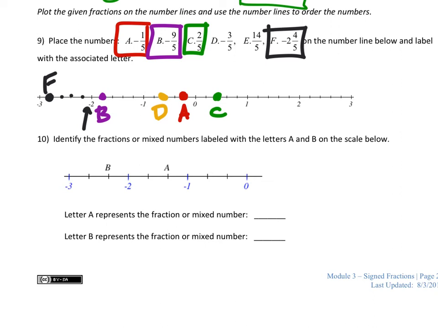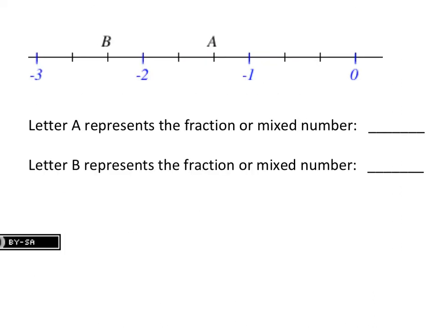Identify the fractions or mixed numbers labeled with the letters A and B on the scale below. So right here, we're in the negatives, because this is where 0 is. And we can see that these parts, 1, 2, 3, each of these has been split up into thirds. So when we look at A, which is right here, it's at negative 1, but then it goes to the left another 1 out of the 3 parts.